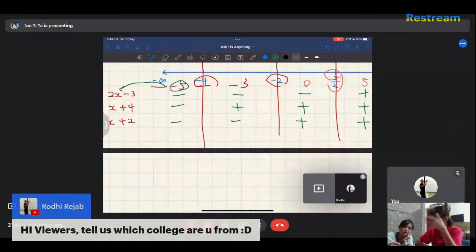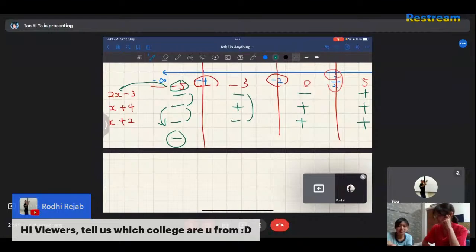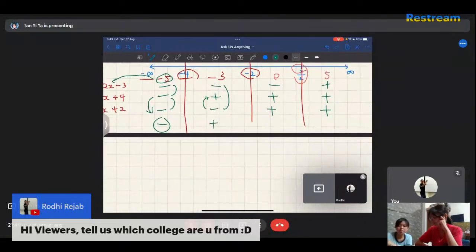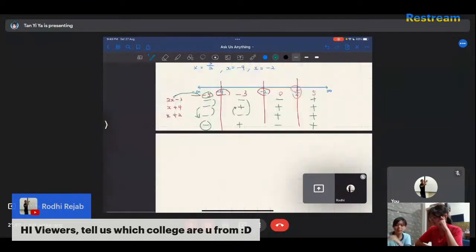Then what we do here is we look at this. Negative times negative is positive, and then positive times negative is negative. So we get negative here. Same goes here. Negative times negative is positive, positive times positive is positive. So it will be negative and positive.